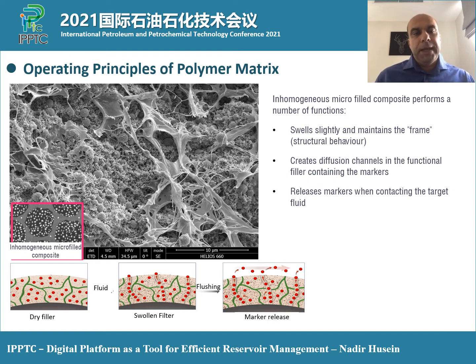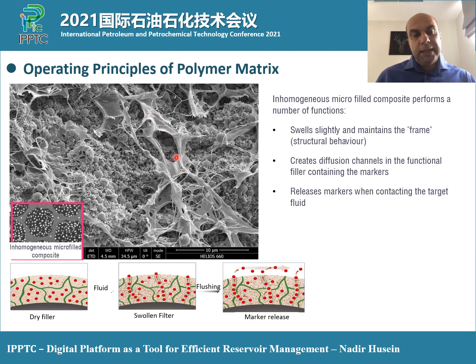So this slide shows the operating principles of the polymer matrix, or what we use as a composite material to controllably release the traces. So basically, each composite material has the microspheres that contain the traces or unique signatures.